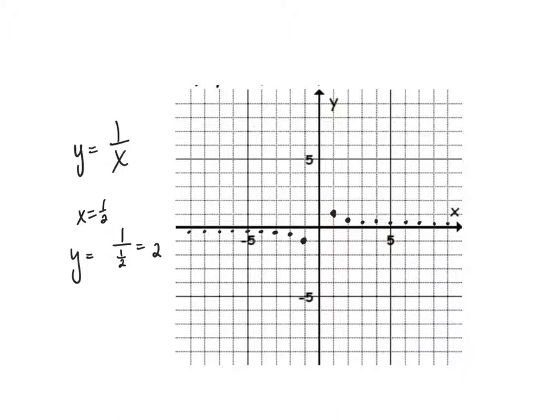Now, as that fraction gets smaller and smaller and smaller, my value for y gets bigger and bigger and bigger. So this, very similarly, is going to keep getting closer and closer to that y-axis in both directions, but it's never going to touch it. And what that is, is an asymptote.